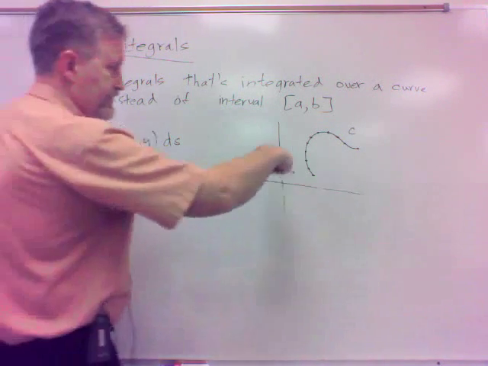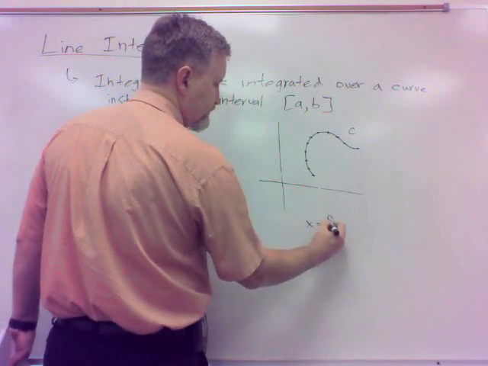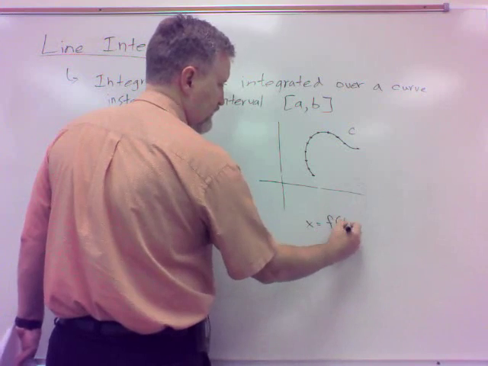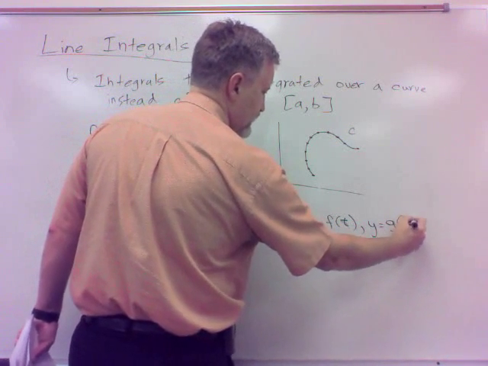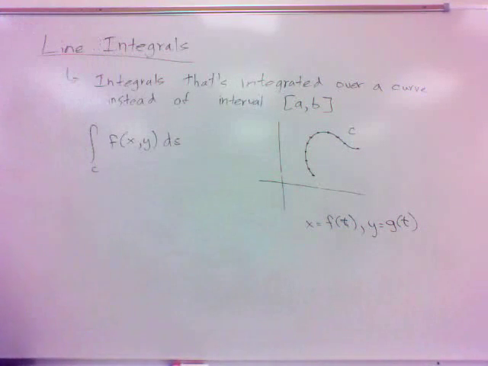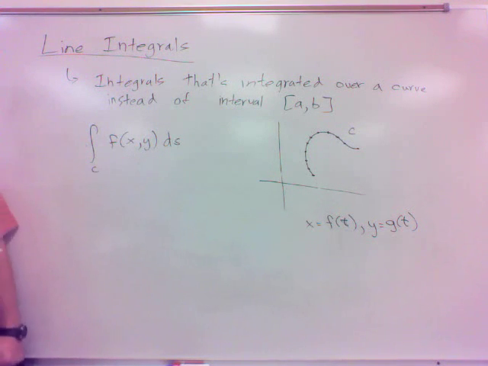And so we're going to define our curve in terms of parameter t. So x equals some function of t, and y is some function of t as well. We're going to use that to describe our curve, and hence we'll also have to describe our function in terms of those parameters also.